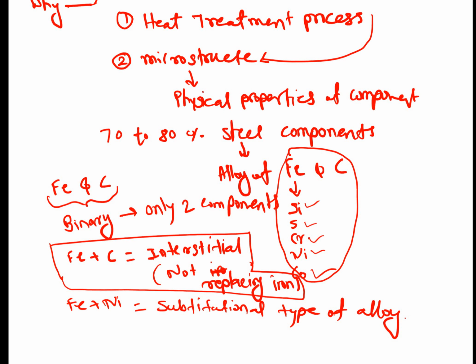Now there is a space constraint on how much carbon can be dissolved into iron.